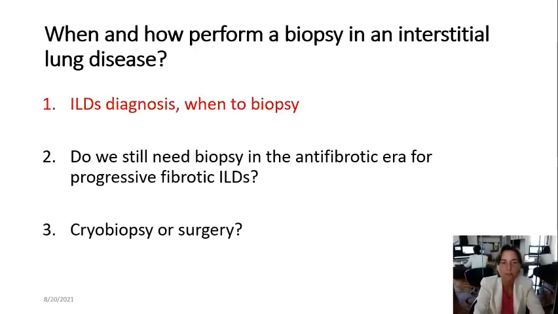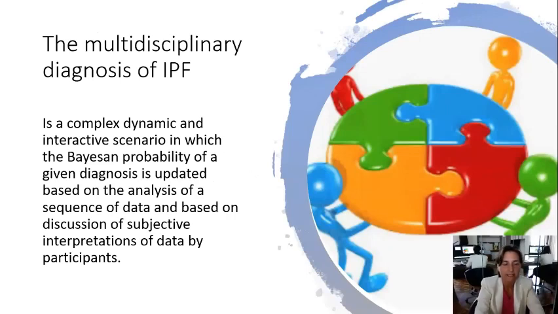Let's start with interstitial lung disease diagnosis that you all know is a multidisciplinary diagnosis, meaning that we integrate in a complex, dynamic, interactive scenario the data that comes from the case, but also the data that comes from the discussion and subjective interpretation of participants.